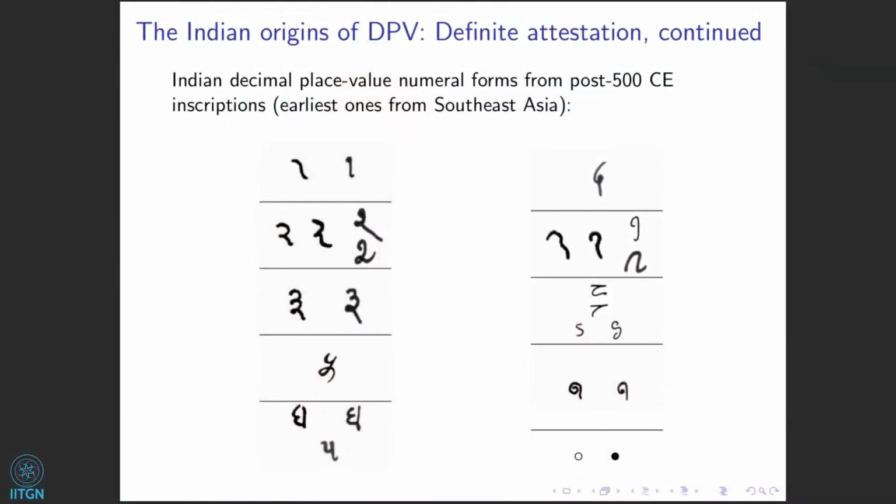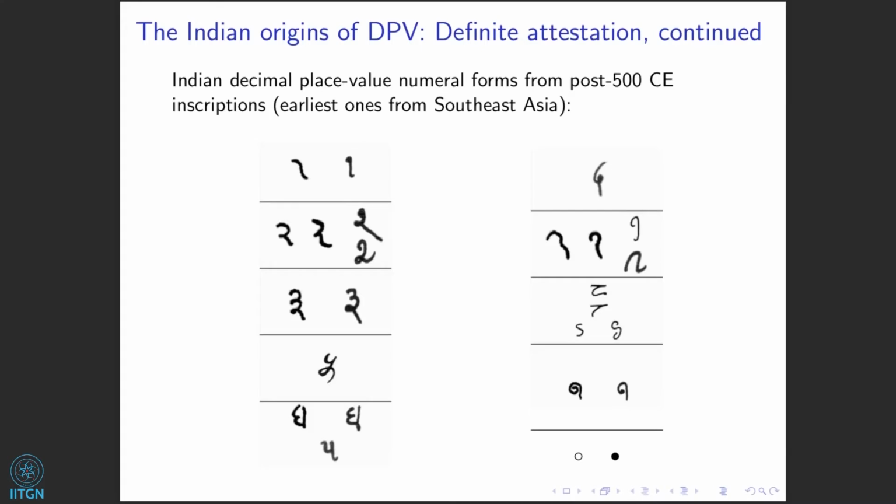And moving beyond that, we begin to collect evidence that's actually physically recorded and preserved in inscriptions, many of the earliest ones occurring in Southeast Asia rather than in South Asia itself, as Professor Srinivas noted, in which these forms of the 10 decimal digit glyphs from 1 to 9 and then 0 are probably going to look quite familiar from the decimal digits in various Indic scripts that you've already seen.